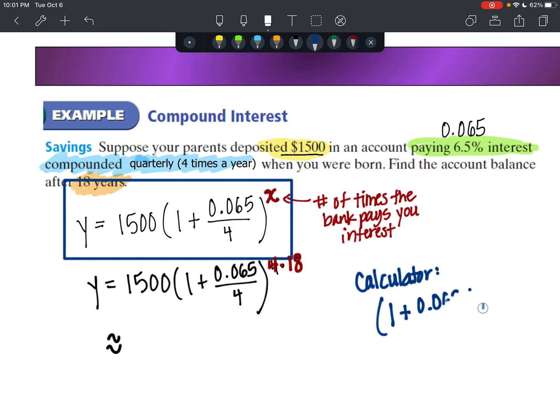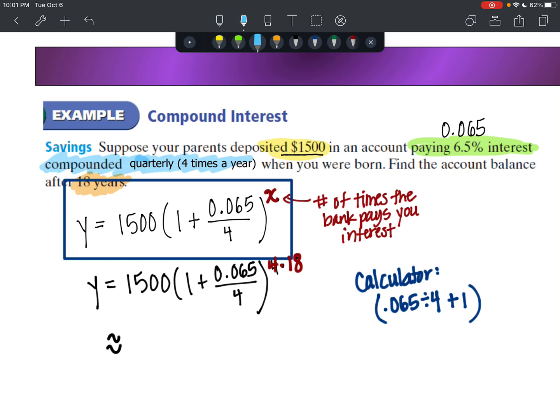And if I really wanted to do order of operations and not make my calculator do it for me, I'd say 0.065 divided by 4, because you have to do the division first, then add the 1, and you're going to get a number.